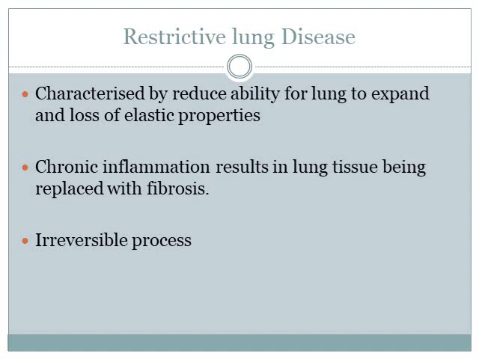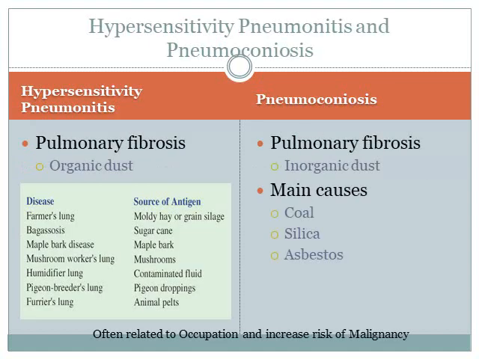Now there are many types of restrictive pulmonary diseases, but two main ones that encompass a lot of them are hypersensitivity pneumonitis and pneumoconiosis. Geez, it's a tough one to say. Pneumoconiosis. Now, both of them have the same characteristics.